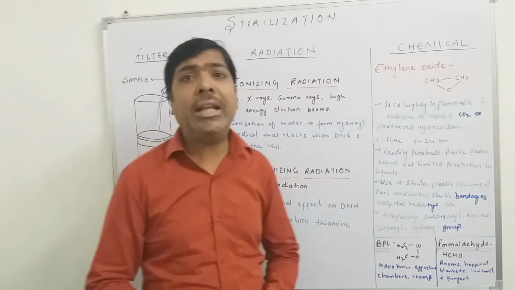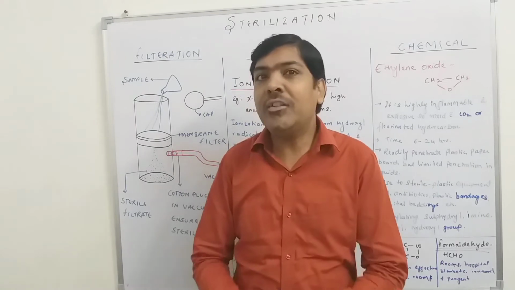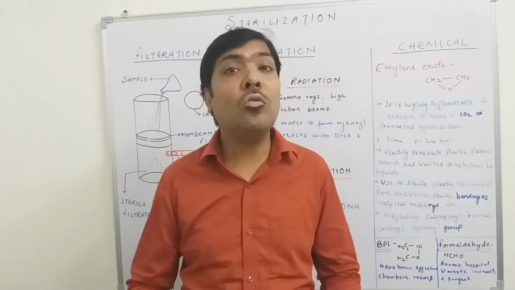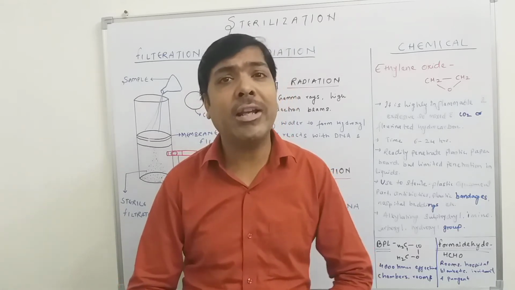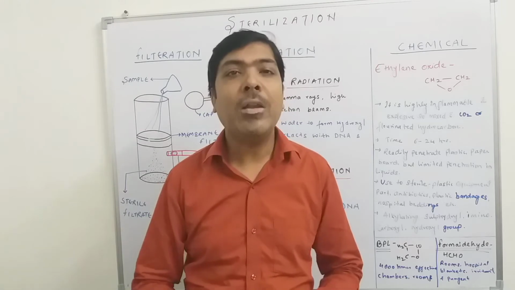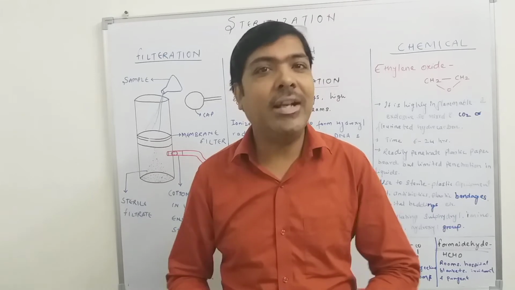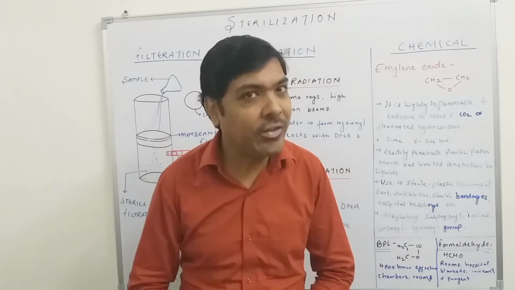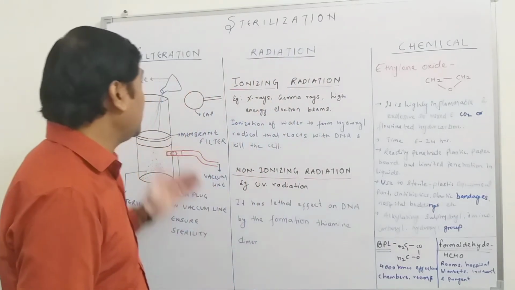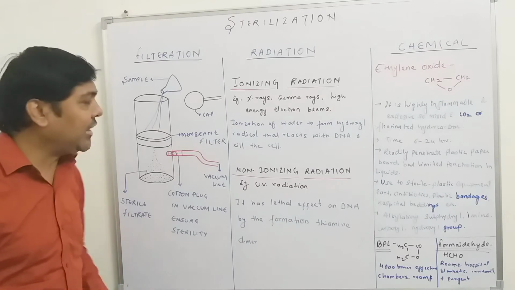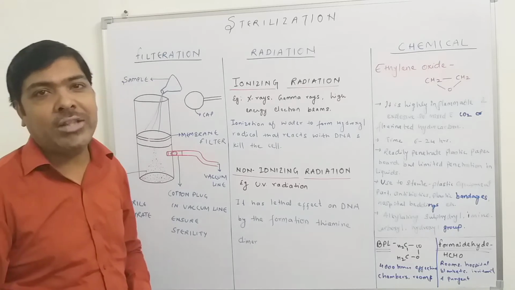For any material, for example a pharmaceutical substance, if it is not stable to heat, then we cannot go for sterilization by heat, because in the last video we discussed that many pharmaceutical products can be sterilized by heat exposure. But if the material to be sterilized is not stable to heat, then we cannot use either moist heat or dry heat. And if we consider the mechanical filtration method, as you can see in this diagram, the material should be in liquid form.